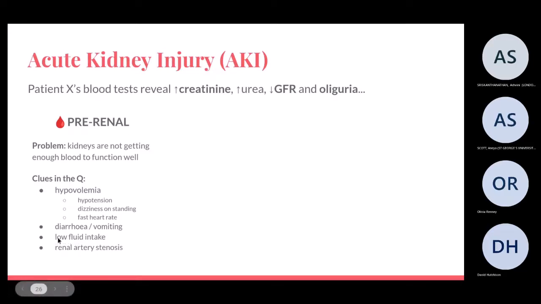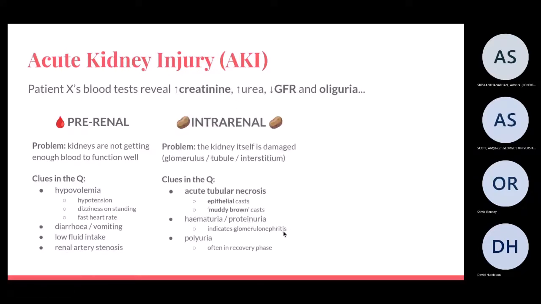That is obviously low fluid intake, and renal artery stenosis. So that's literally just a narrowing in the arteries that go to your kidneys, so that you won't get enough blood flow to your kidneys. So that's pre-renal injury, by far the most common cause of acute kidney injury that you'll see in exam questions and in real life, which is good.